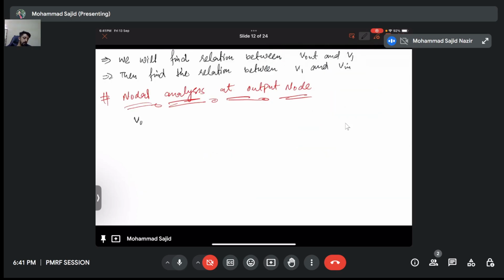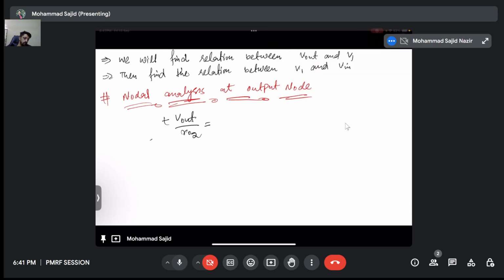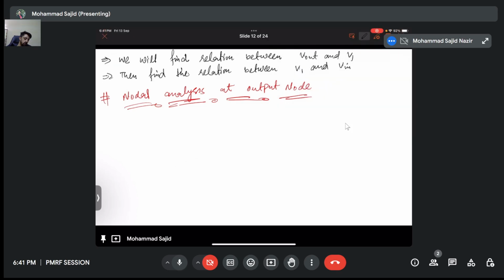I have the current V output by R3 plus the current through R02, which is the difference of potential, V output minus Vn, across R02, plus the current leaving, that is VB2.